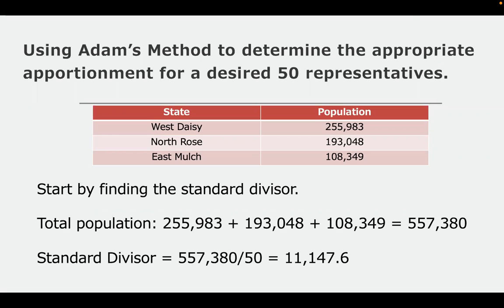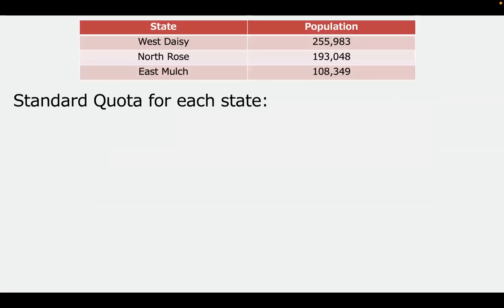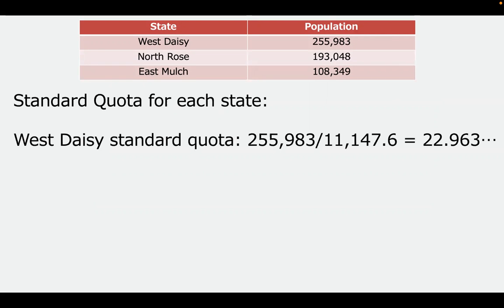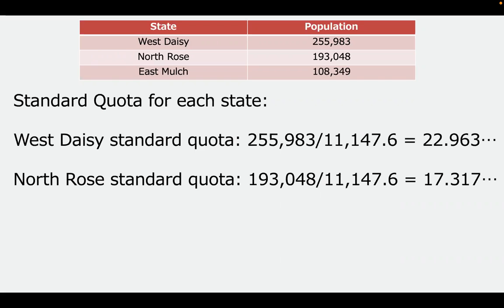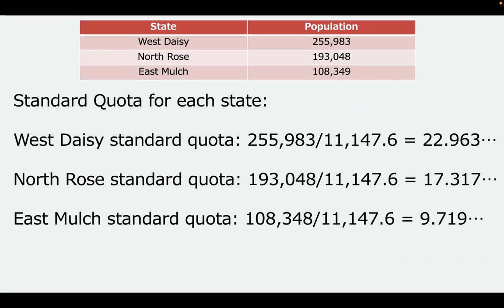Now, once we have our standard divisor, we can find our quota for each state. For West Daisy, I take the population divided by the standard divisor, and I get a standard quota of 22.963. For North Rose, I get a standard quota of 17.317. And for East Mulch, I get a standard quota of 9.719.